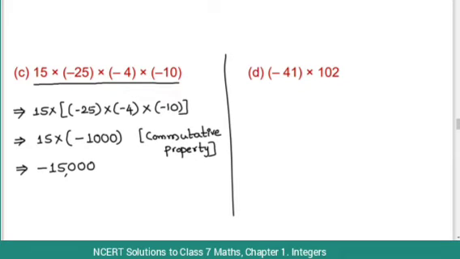Next D, minus 41 into 102. So I will write it as minus 41 into 102. I will write it as 100 plus 2. Because I am using here distributive property. So you can mention the property also, that is a distributive property.